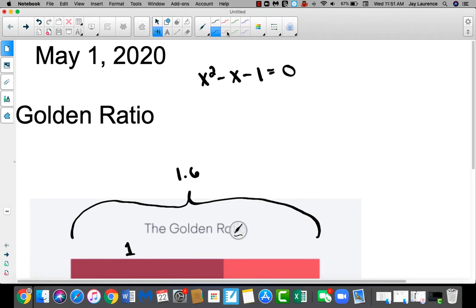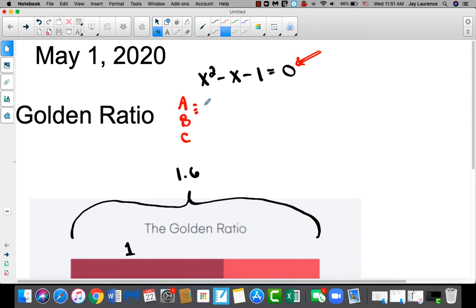It actually comes about as a solution to this quadratic equation. If I identify a, b, and c as 1, -1, and -1, right? Sorry, I had a little lag going on there. My equal signs all got messed up. Okay, so that looks a little better.